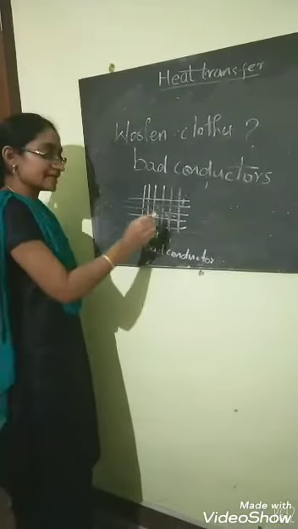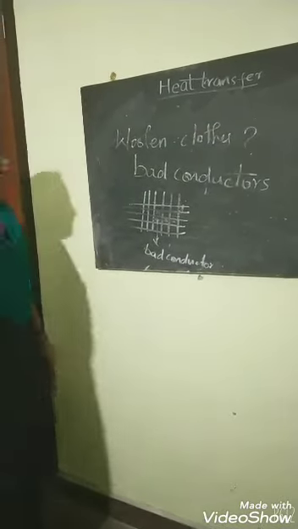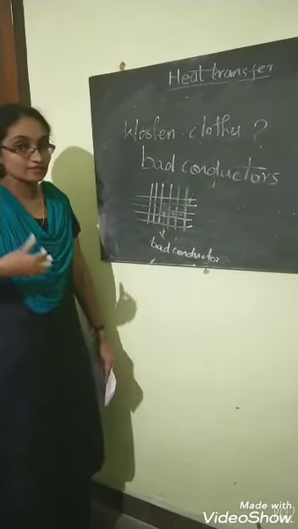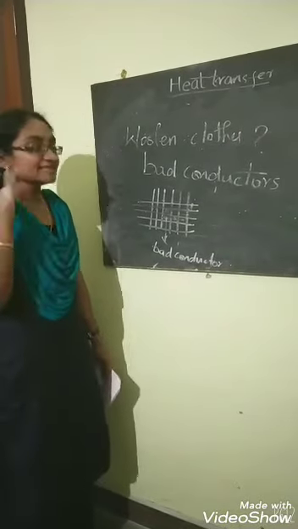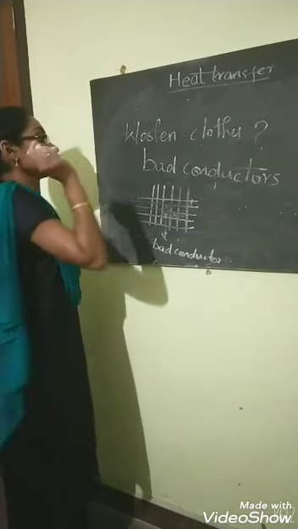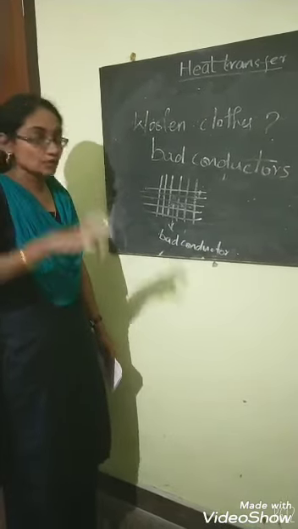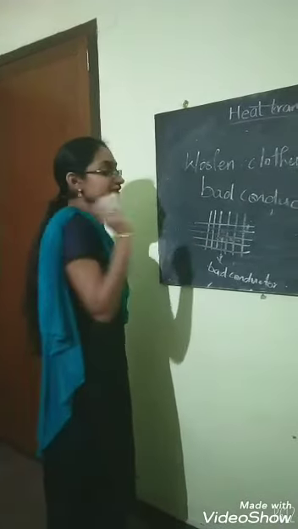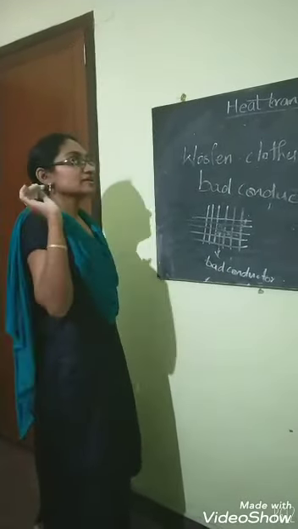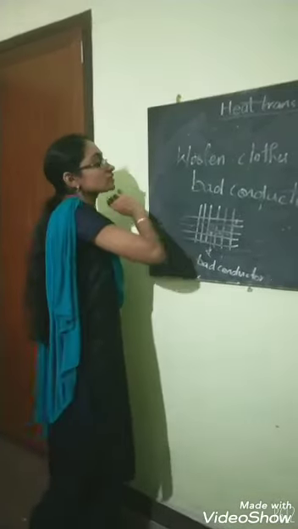So while wearing woolen clothes, it helps to avoid the transfer of heat from our body to the surroundings. When heat is lost from our body to the surroundings, we feel cold. So we wear woolen clothes and this reduces the heat loss from our body. In these openings there is air, and this air is a bad conductor, and that's why woolen clothes keep the body warmer, and that's why we use woolen clothes in winter.